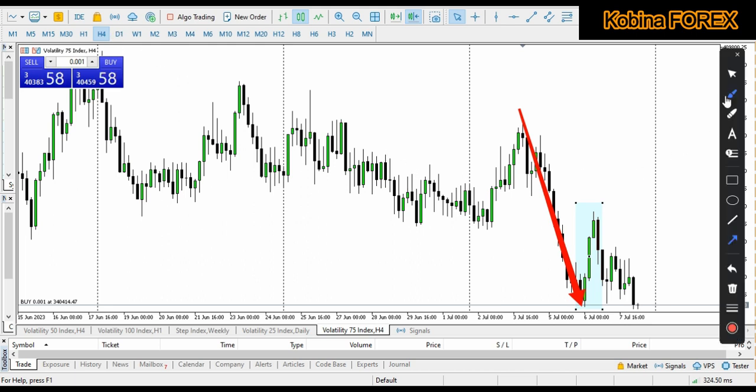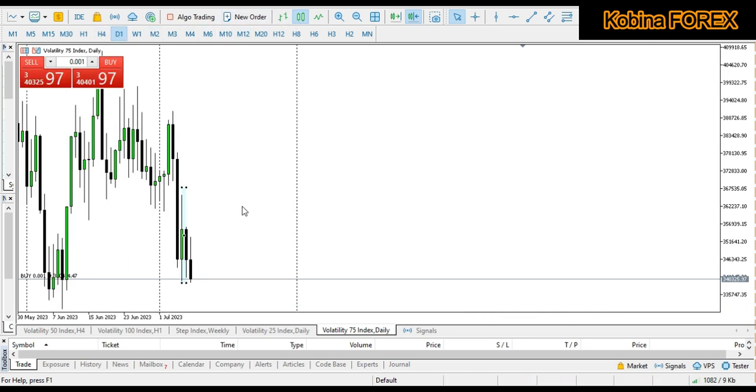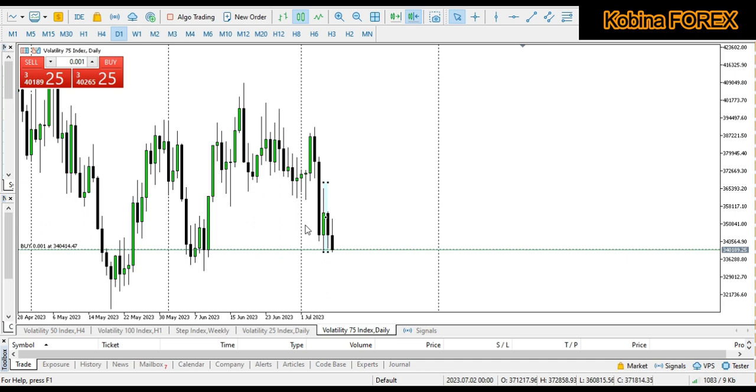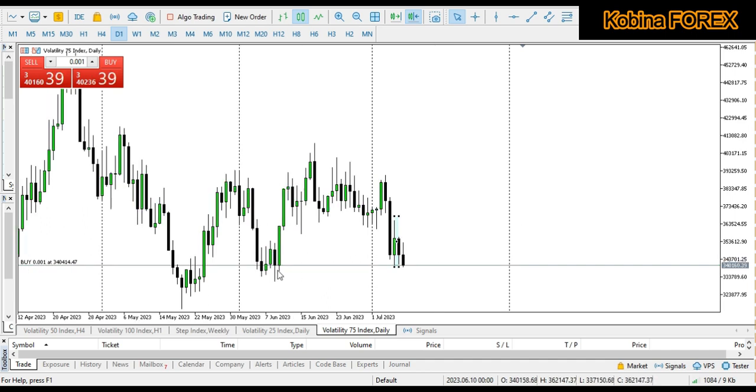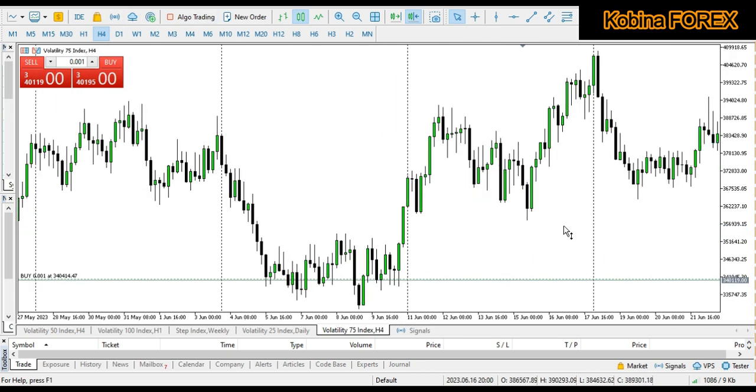All right. So on the daily time frame, let's go to our daily time frame. On our daily time frame, this was the area where I executed it. But on the 4-hour time frame, there was a rejection block right in here.